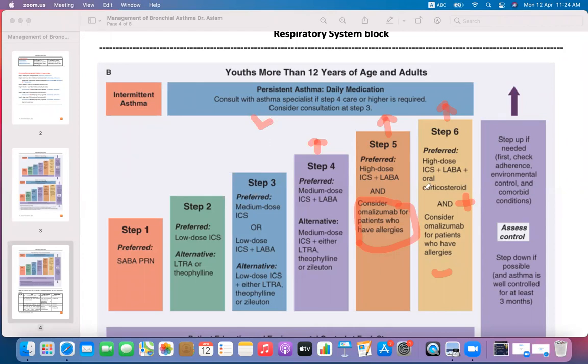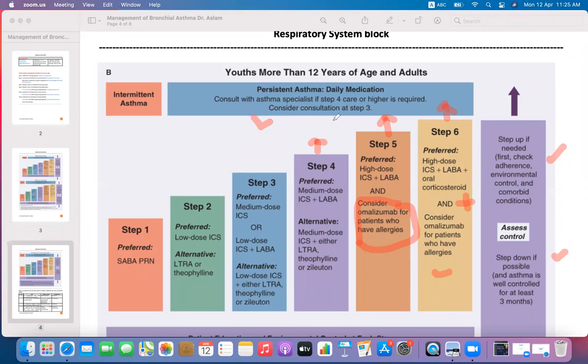And as we discussed before, step up if needed, and it's very important. First, check adherence, environmental control, and also comorbid conditions. And step down if possible and asthma is well controlled for at least 3 months.